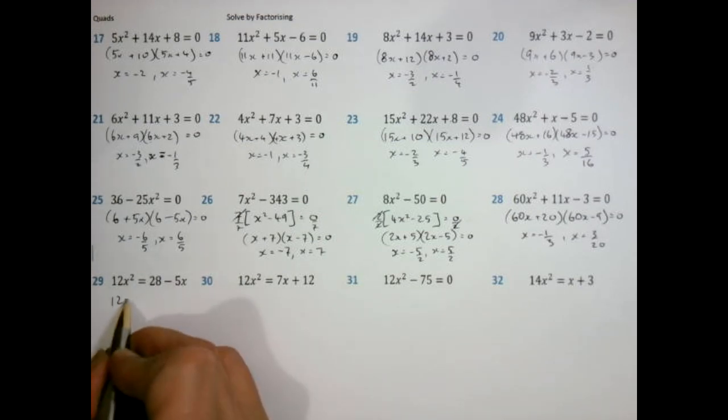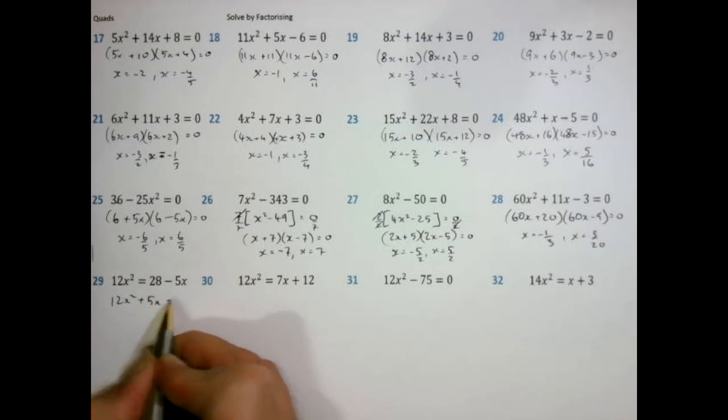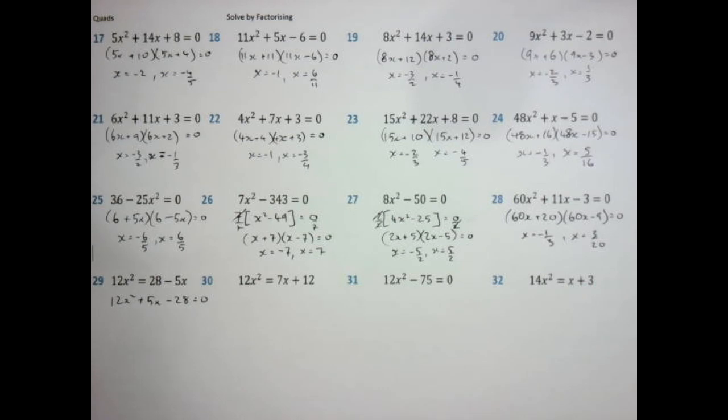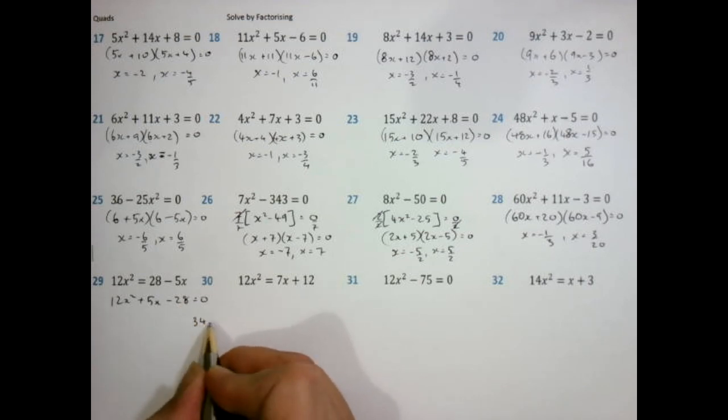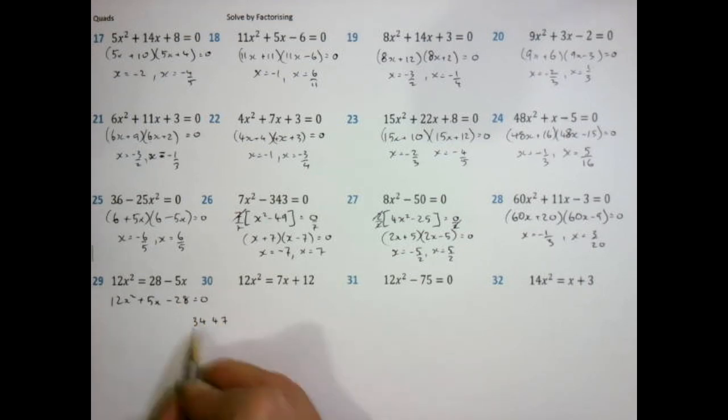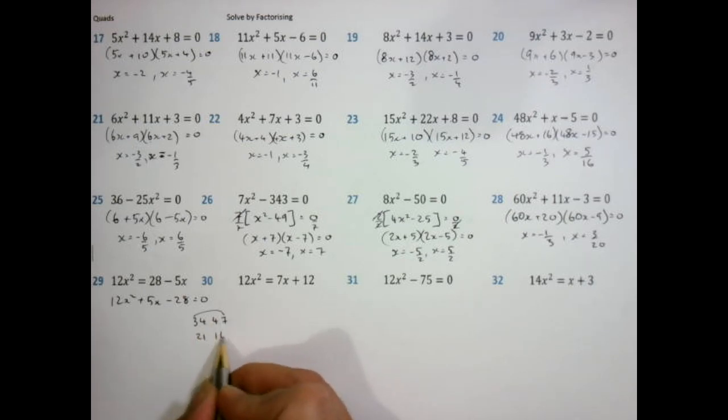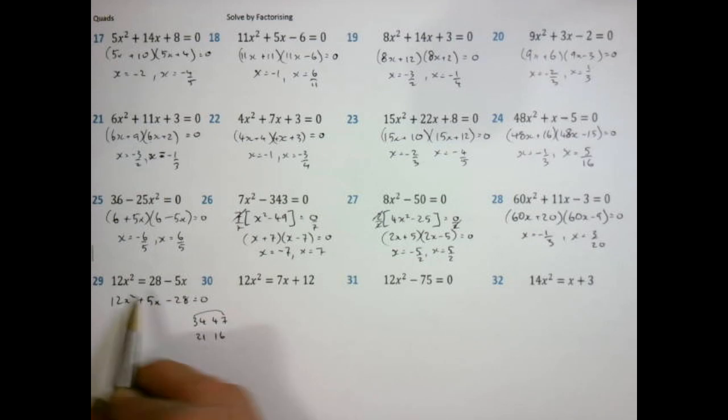Rearrange. 12x squared plus 5x minus 28 equals 0. 12 28s. I'm going to do this a different way. 12 times 28 is the same as 3 times 4 times 4 times 7. And if we do 3 times 7 and make 21, and 4 times 4 is 16, 21 16s will be the same as 12 28s.